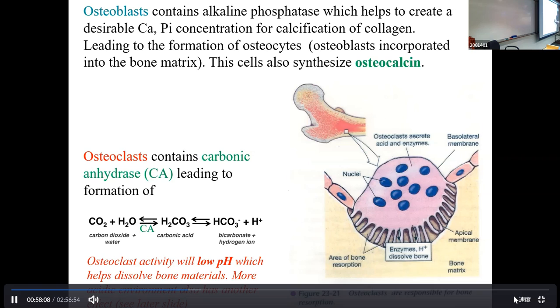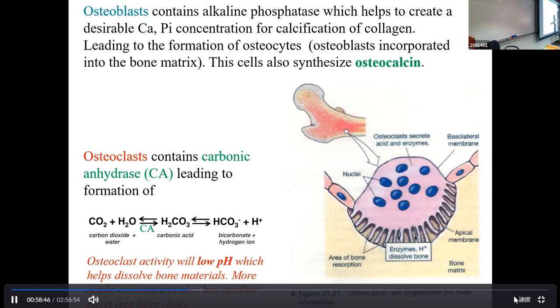So this is what you see here, and the acidic environment also has another effect. See later slide, we'll talk about that in a minute. I just want you to have a perspective on the role of osteoblast, how it makes mineralization, and that is because it contains an enzyme, alkaline phosphatase, which is important to create a desirable concentration for calcium, iron, and inorganic phosphate.